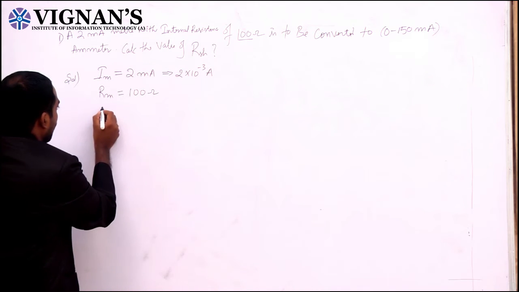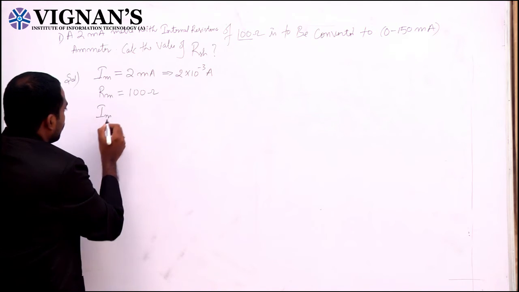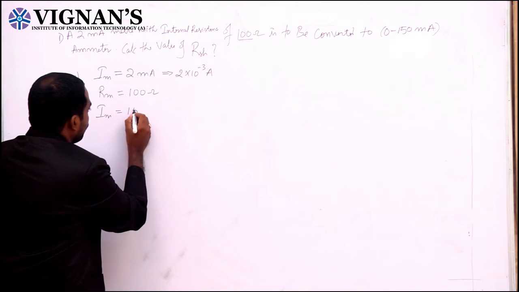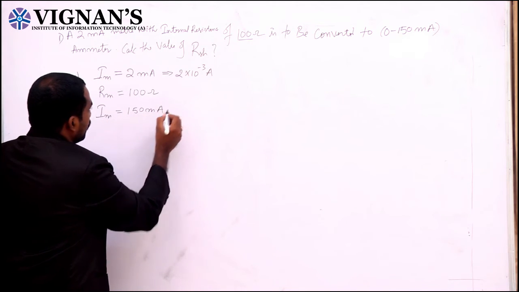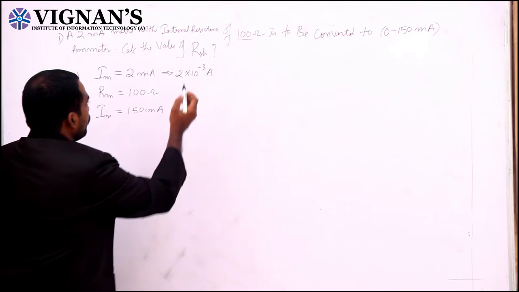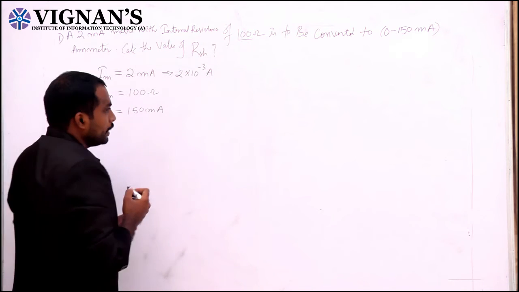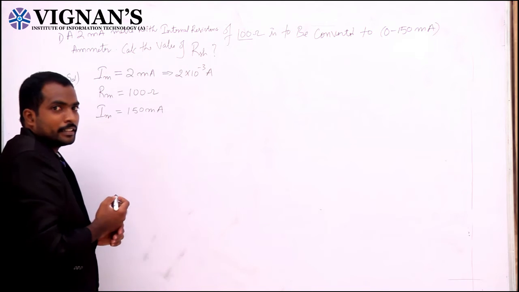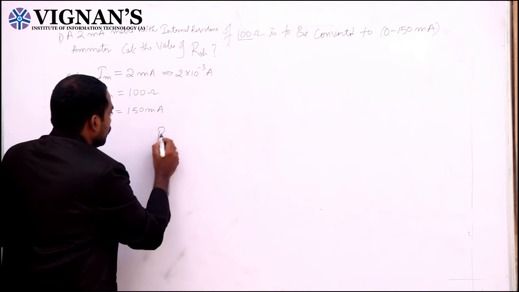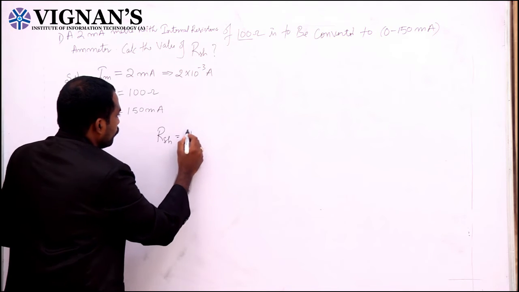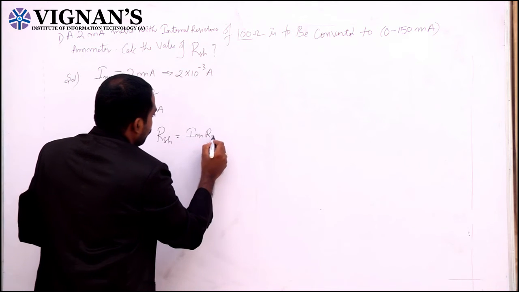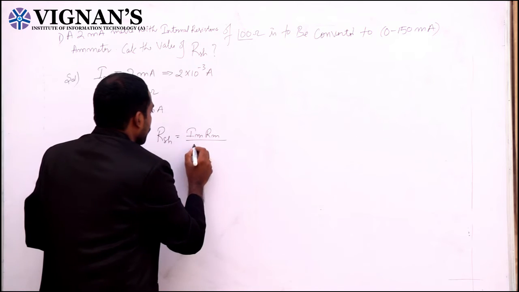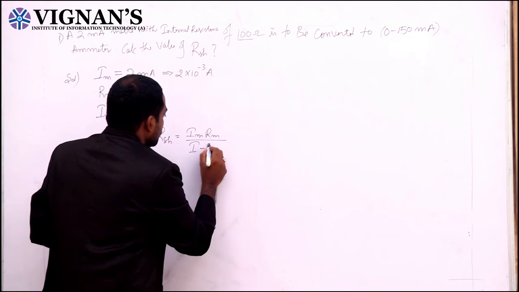That means the unknown current quantity to be measured, or the extended range of the meter, I should be equal to 150 milliamps, and it is asking you to calculate the value of shunt resistance to be placed in parallel in order to extend the range of the meter. So as we have already discussed, what's the formula for RSH? RSH is equal to Im into Rm by I minus Im.